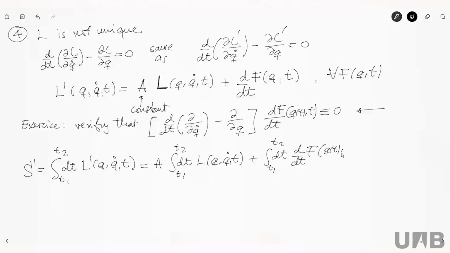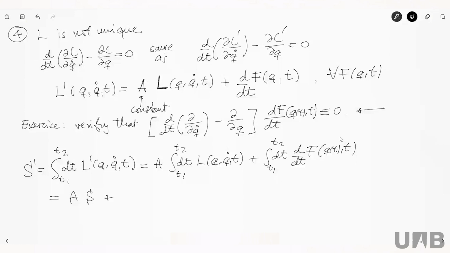Now, what is the first term? Well, the first term is clearly A times S, the action that I had when I was dealing with L only. Plus, what is the integral over time of the total derivative of f with respect to time from t1 to t2? So, now, math.